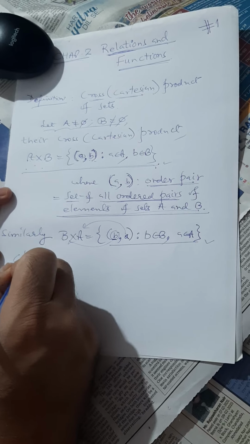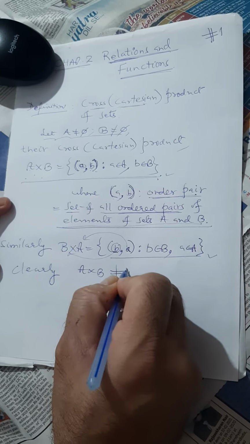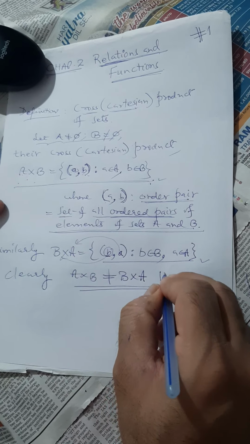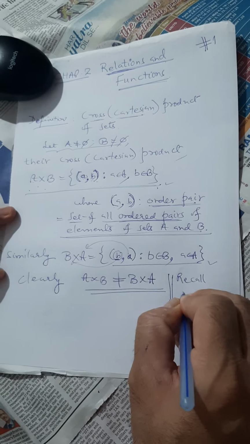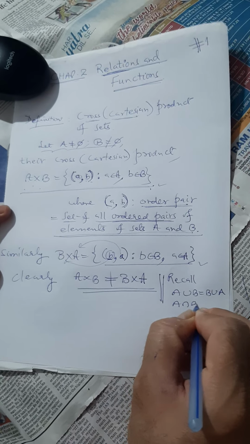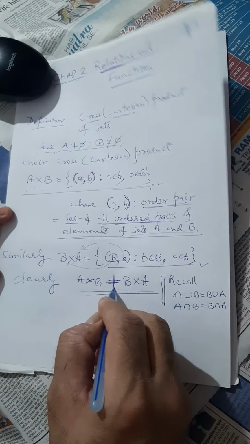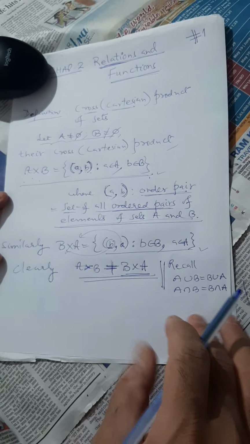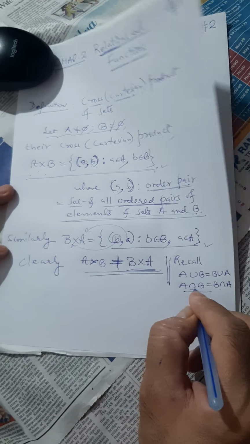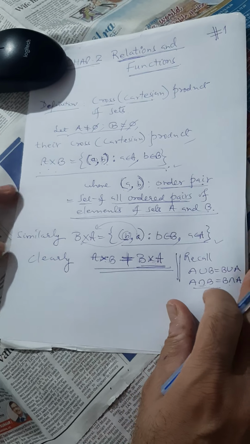So clearly you can see that A cross B need not be the same as B cross A, remember. These two sets need not be equal. You recall that A union B equals B union A, and A intersection B equals B intersection A. But here A cross B need not be the same as B cross A. Such an operation where these are equal is called commutative. So cross product is non-commutative.